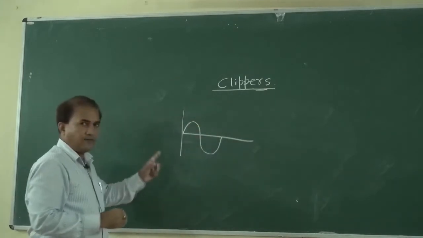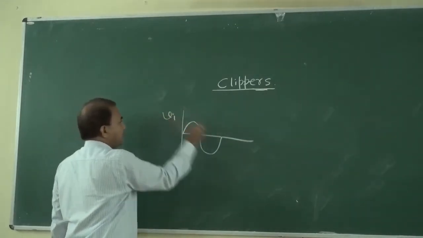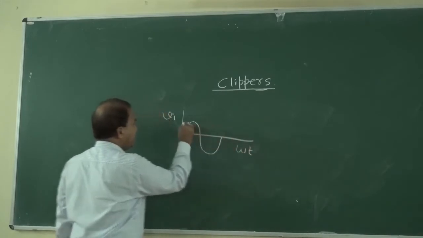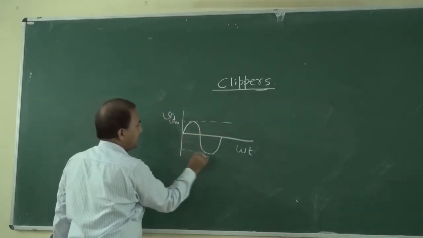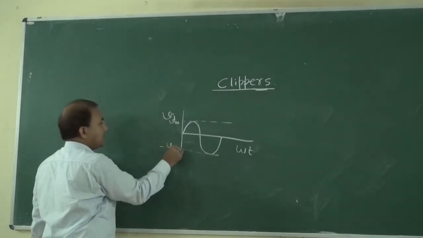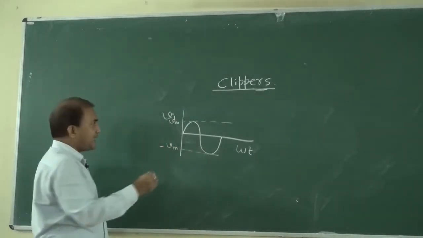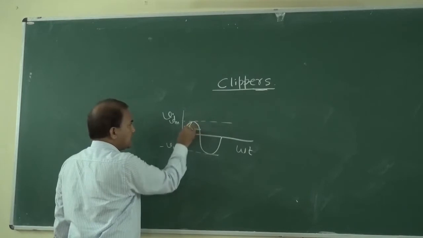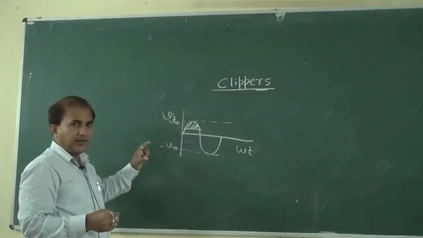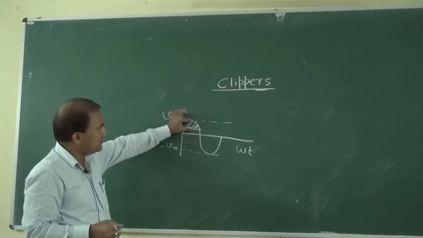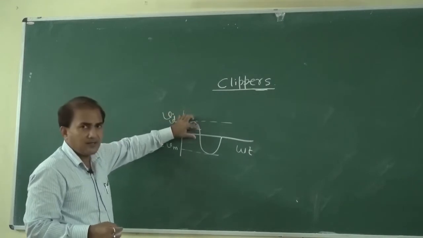Suppose the input waveform is like this, Vi versus omega t, and this is Vm, and here it is minus Vm. Suppose we want to clip only this part. How can we achieve that?